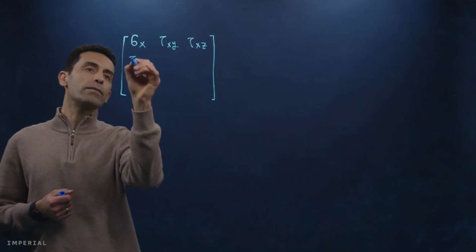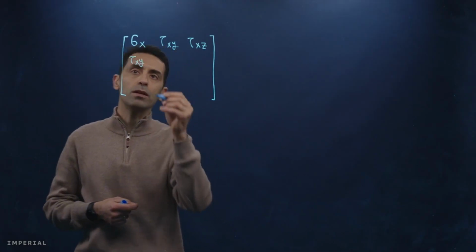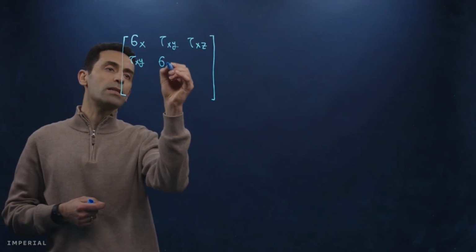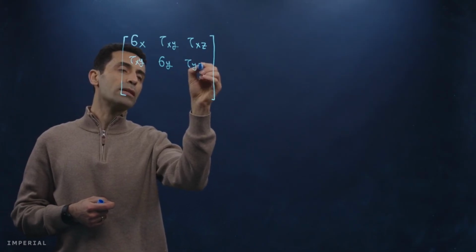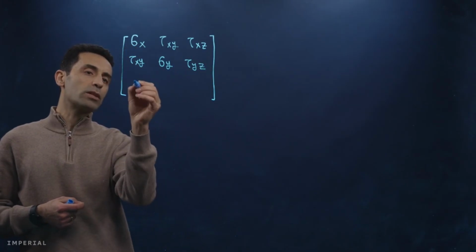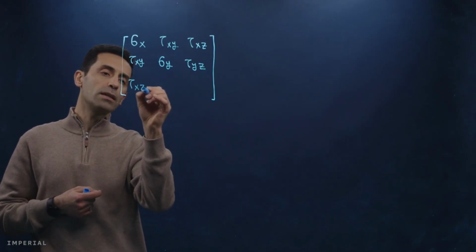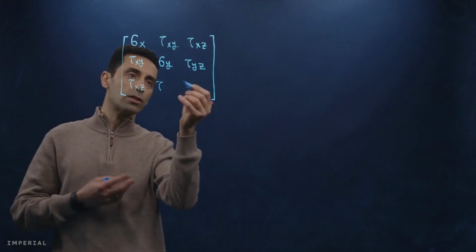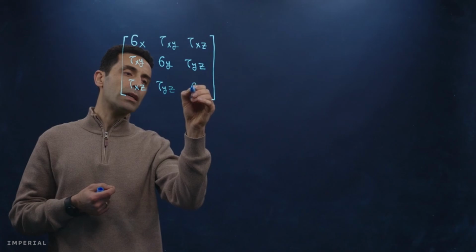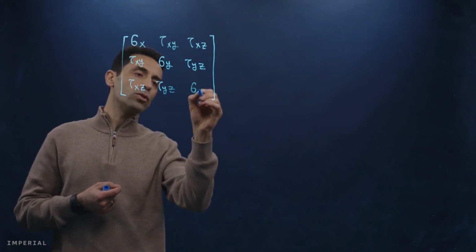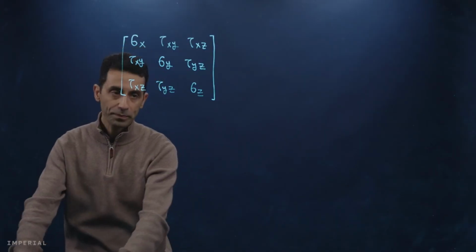And here we have tau yx, which is equal to tau xy. And then the diagonal term is sigma y. And here we have tau yz. And then moving to this one, this is tau zx, which is equal to tau xz. This is tau zy, which is equal to tau yz. And again, the diagonal term here is the other normal stress, which is sigma z.